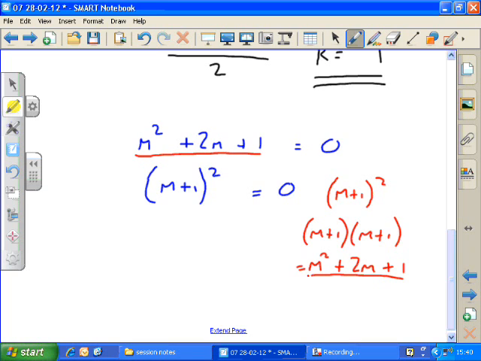So in other words, if you recognize this here as the perfect square, then that means you can rewrite it like that. Perfect squares can be rewritten like that. How do I know how to write this? It's the coefficient of m halved. Half of 2 is 1, so I write m plus 1 all squared.